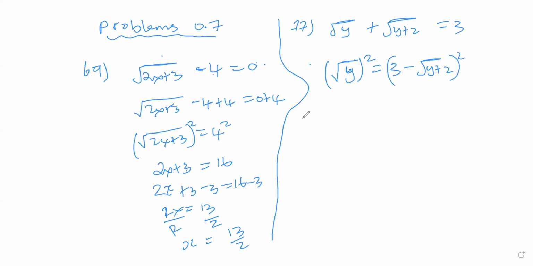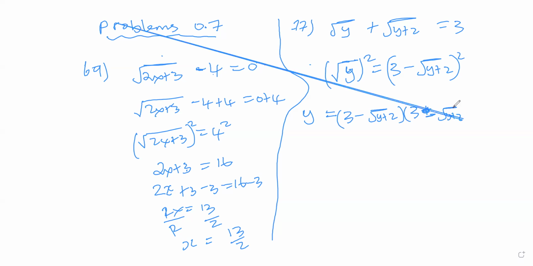So once you have this, your square and your square root sign cancel, and we only have y on this side is equal to 3 minus square root of y plus 2 times 3 minus square root of y plus 2. So that's actually what the square of that means.